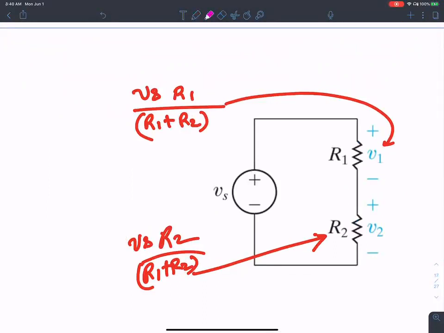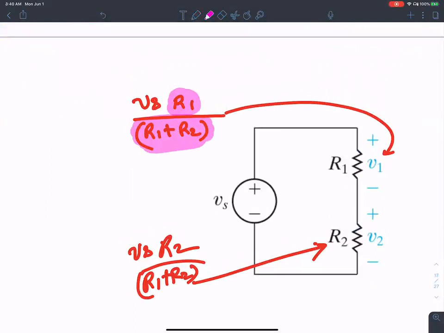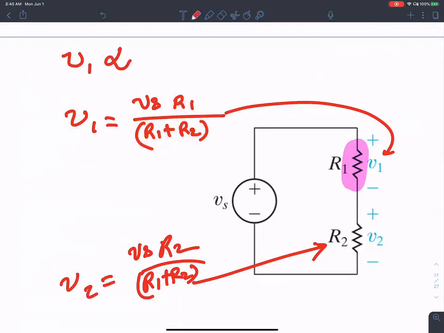What you have to remember is that this is a fraction. Here is the intuition behind what you want to remember. The voltage dropped across R1, V1, is proportional to the resistance R1.